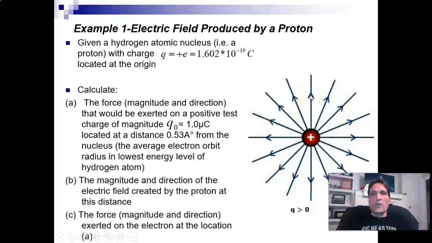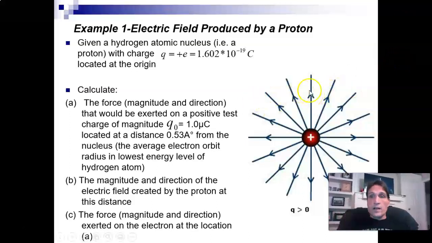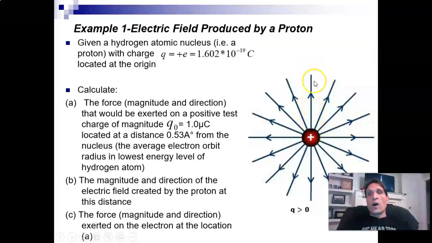Okay, and since by definition the test charge of our little probe here is always positive, the electric field produced by a proton or a positive point charge will always point radially outward. And I could place this test probe charge Q0 anywhere along this circle at the same distance, and the electric field strength would be the same magnitude, and it would point radially outward. So to calculate the magnitude of the force, I can get the electric field strength and multiply it by Q0.